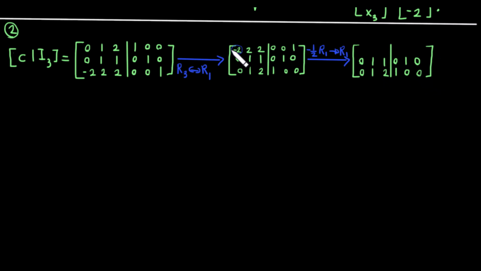So -2 divided by -2 will be 1. 2 divided by -2 will be -1. 2 divided by -2 is -1. 0 divided by -2 is 0. 0 divided by -2 is 0. 1 divided by -2 is -1/2.